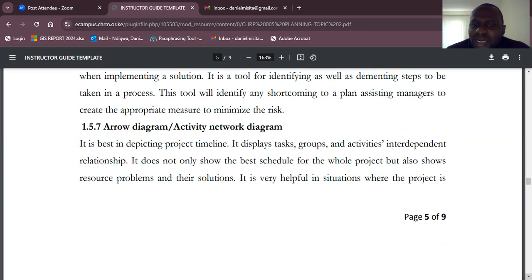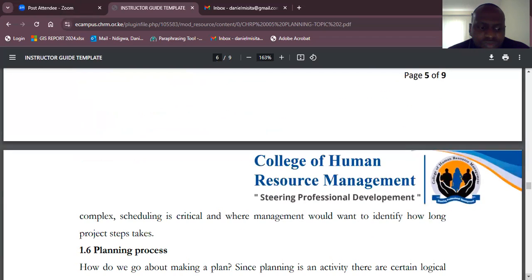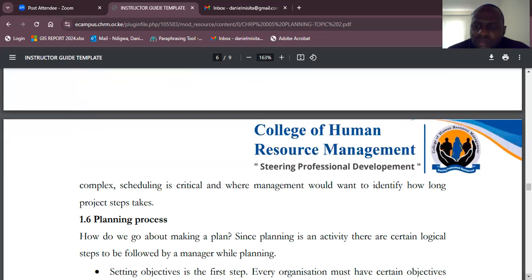So the network diagram will help you to allocate resources and timelines, so that at the end of December, you will have completed the project, or you'll be able to understand the progress of the project. So it is very helpful in situations where the project is complex, because it will help you to schedule various critical activities, and therefore it will also help you to achieve the project successfully.